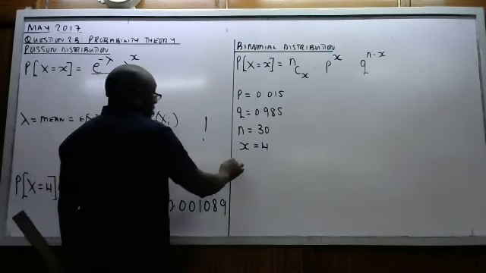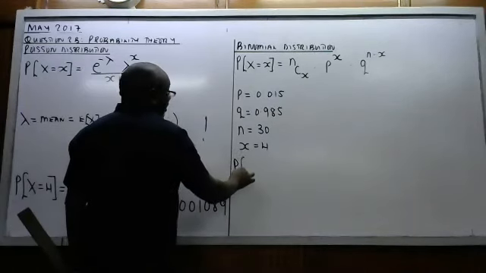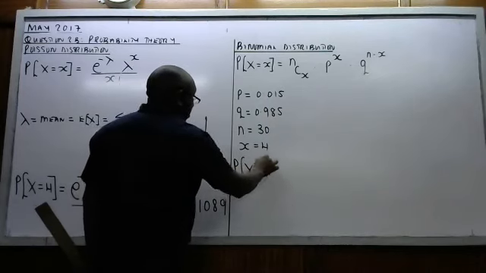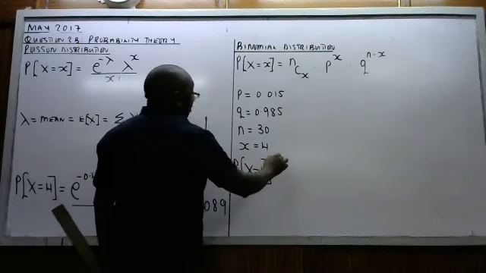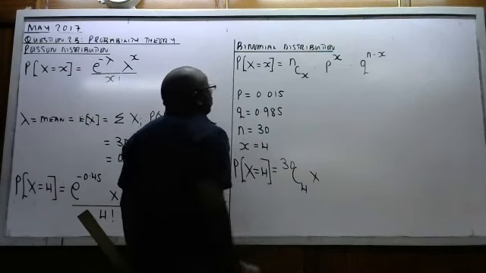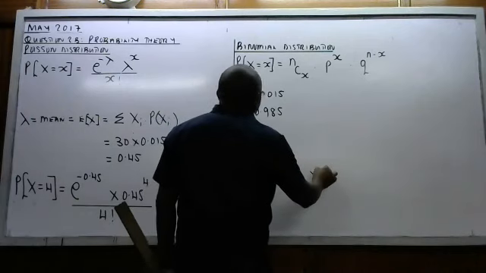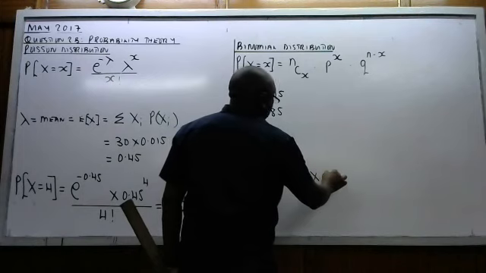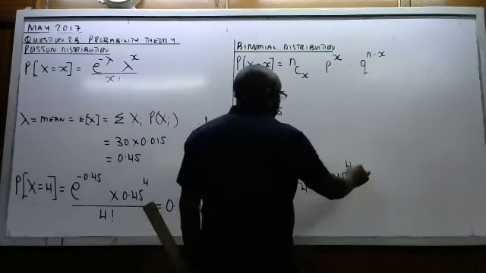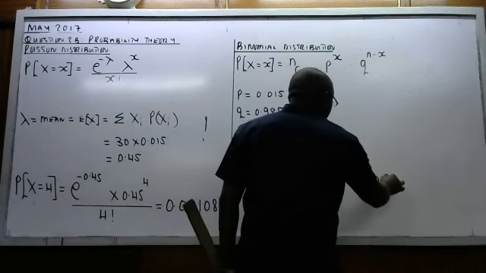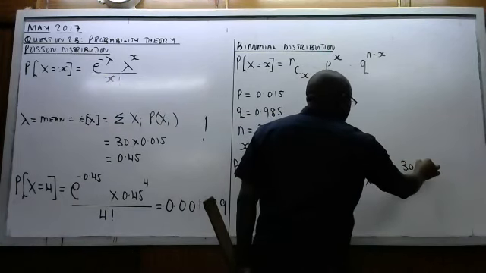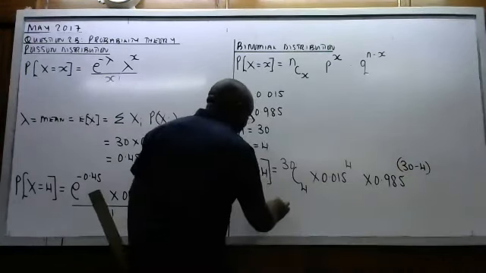Therefore the probability that x is 4 is 30 combined 4 multiplied by 0.015 raised to power 4 multiplied by 0.985 raised to power 30 minus 4, that is 26.